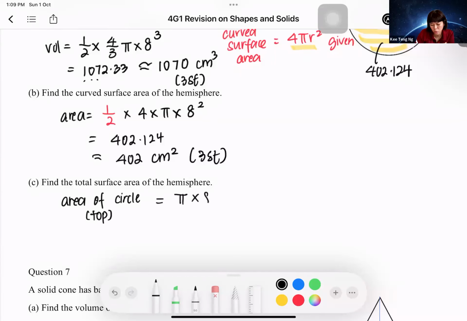Pi r squared. And that gives you 201.06. Then we want to find the total. We take this and this one, add them together.